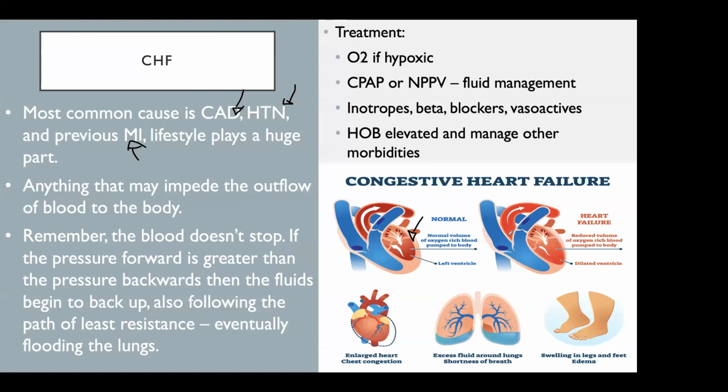And this is reducing oxygen-rich blood from coming through to the rest of the body. We'll have an enlarged heart or cardiomegaly in many cases. Again, the backup of fluid into the lungs and also that pedal edema.